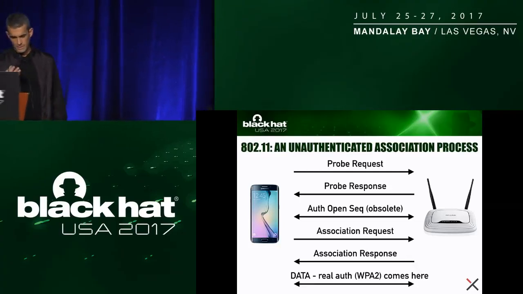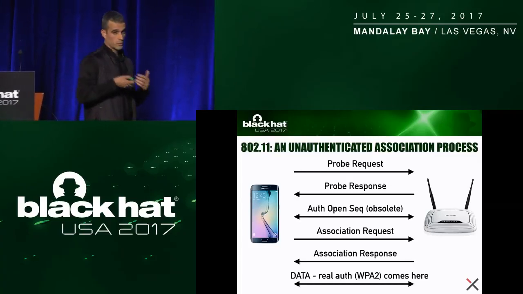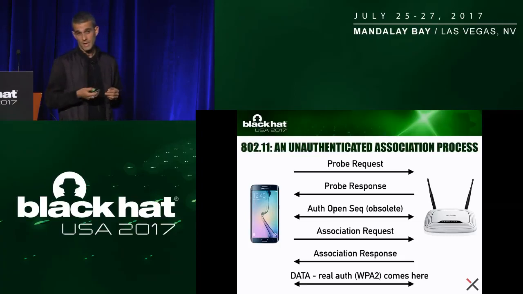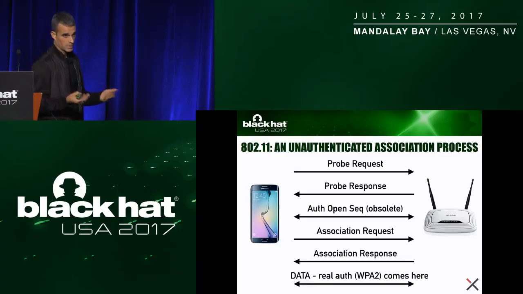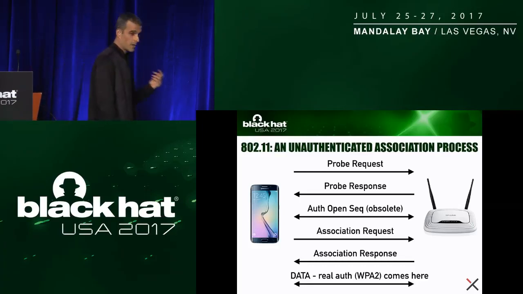That's the association process. It begins with a probe request on behalf of the station, the client. The client is basically looking for access points to connect to. If an access point is nearby and it's configured to advertise its presence, then it sends out a probe response.